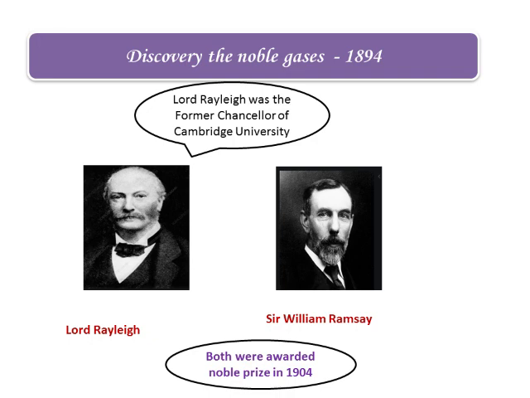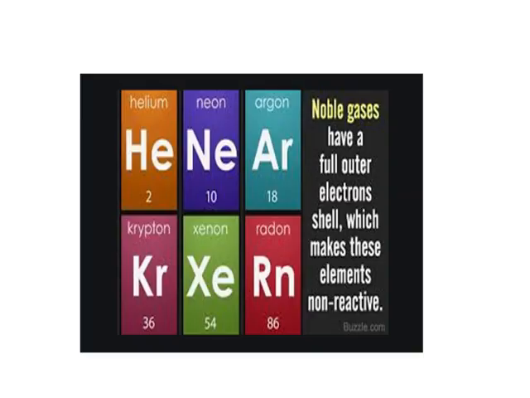Lord Rayleigh was the former Vice Chancellor of Cambridge University. Both were awarded a Nobel Prize in 1904. Noble gases have a full outer electron shell which makes these elements non-reactive: helium, neon, argon, krypton, xenon, radon.